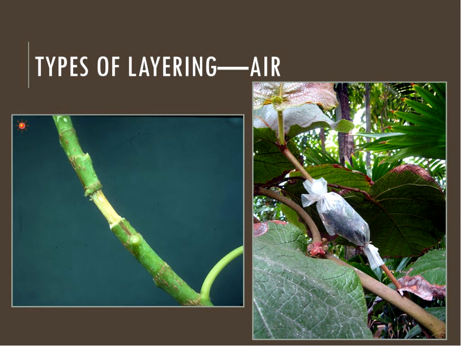Then you just cover that area up with moist media and seal it up with plastic, as shown in the picture here, and what will happen is roots will form in that soil. It usually takes about 3 months for this to happen, and then once those roots are formed, you cut the plant off below that root ball and you have a new plant.